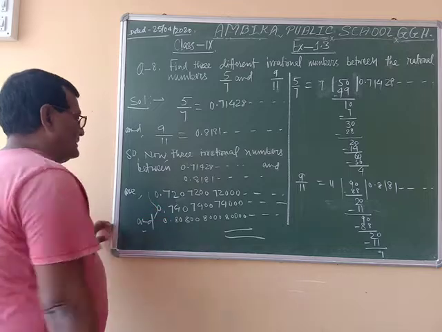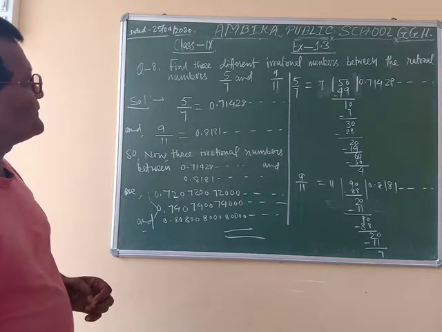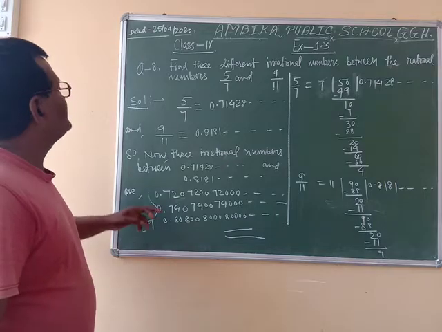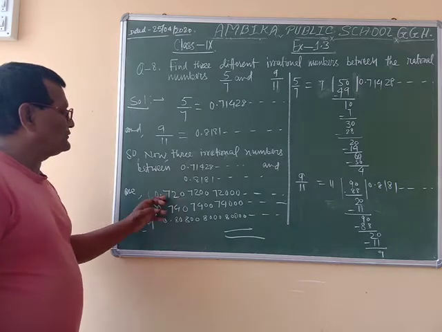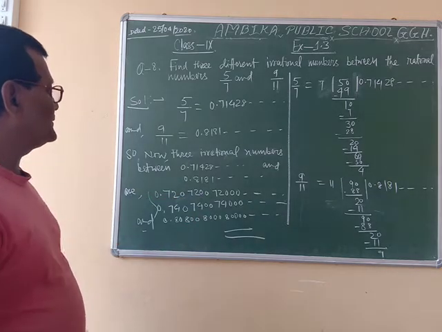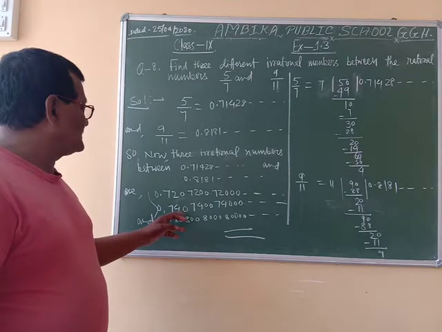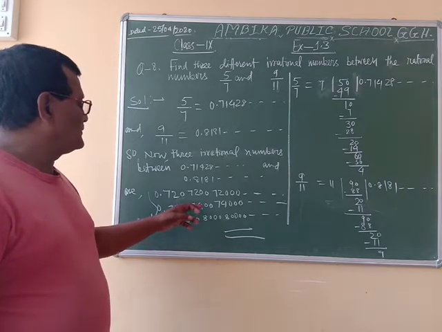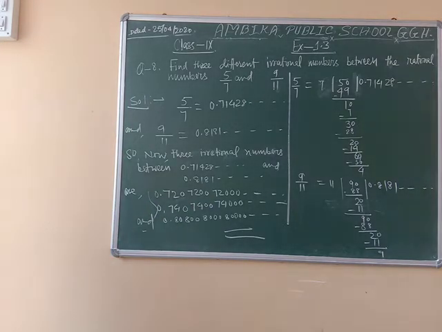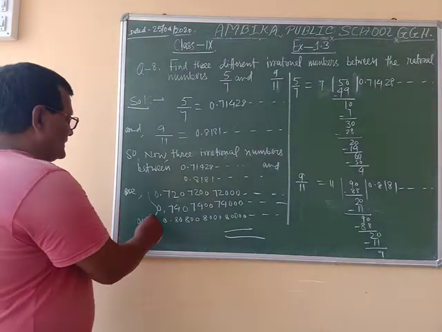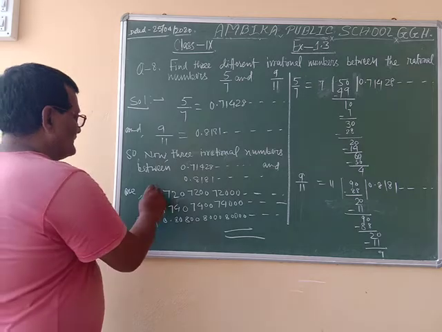So the three different irrational numbers between 5 by 7 and 9 by 11 are 0.72072 00 7230 dot dot dot, 0.74074 ... We can take any other irrational numbers between 0.71 and 0.81.